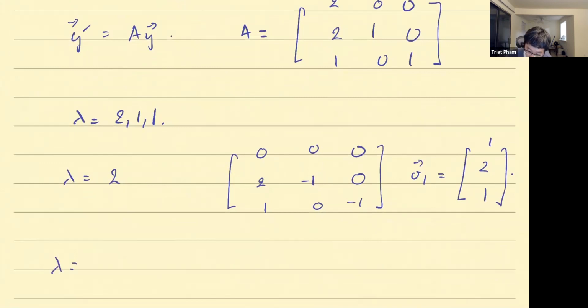When lambda equals 1, you get the matrix with rows 1, 0, 0; 2, 0, 0; 1, 0, 0. So how many eigenvectors do you have here?